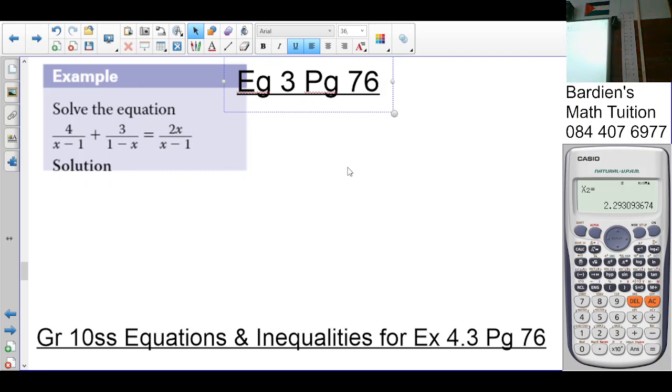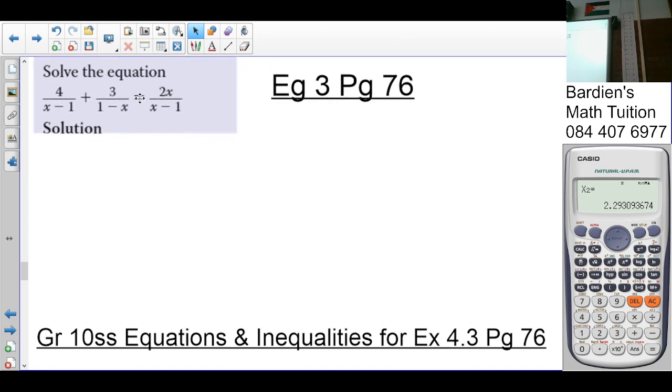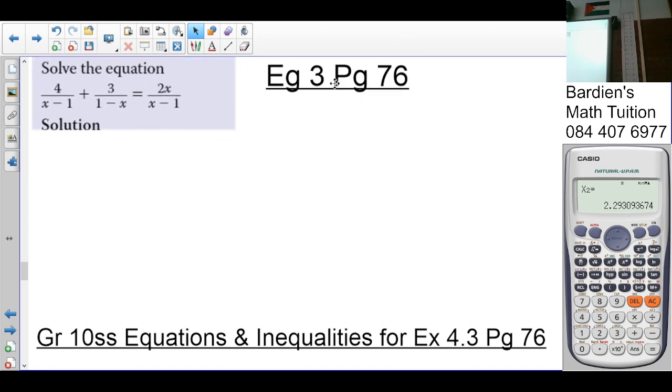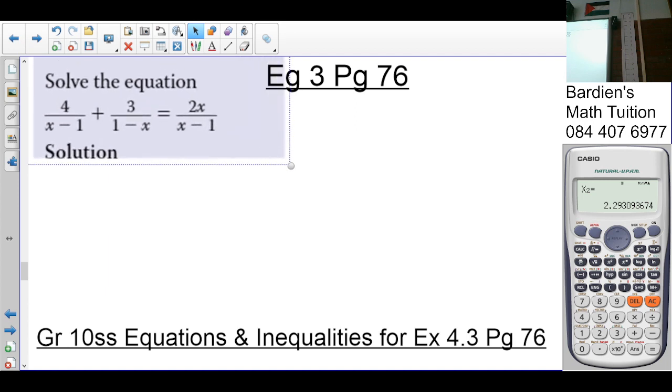So example 3 on page 76, we are given, solve for x again, or solve the equation. Does the denominator need to be factorized here? No. Okay, so what needs to be done? Swap that denominator around. Not so? Only the one. Okay, you're right.